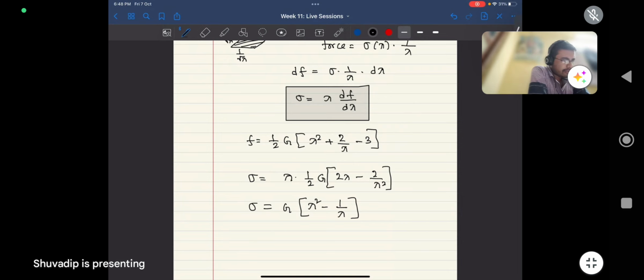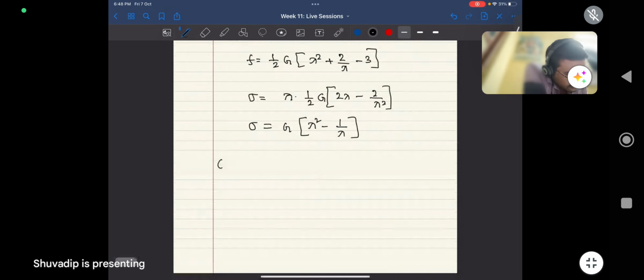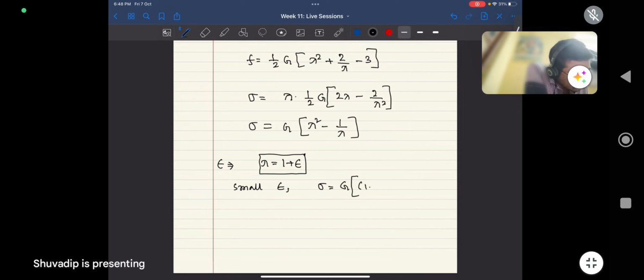Now suppose the strain is epsilon, so lambda is 1 plus epsilon. In the limit of small epsilon, sigma is g into 1 plus epsilon square minus 1 plus epsilon to the power minus 1. For small epsilon, we can expand 1 plus epsilon to the power minus 1 in a Taylor series, keeping up to power 2.